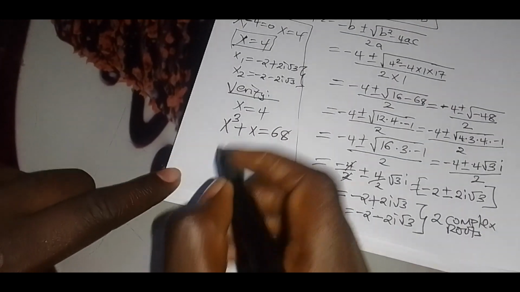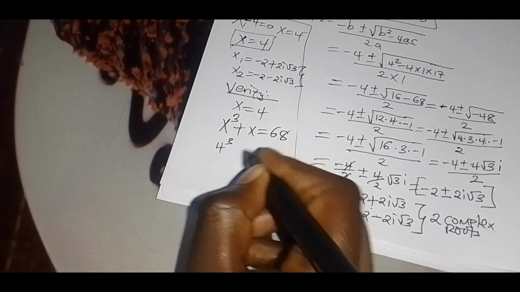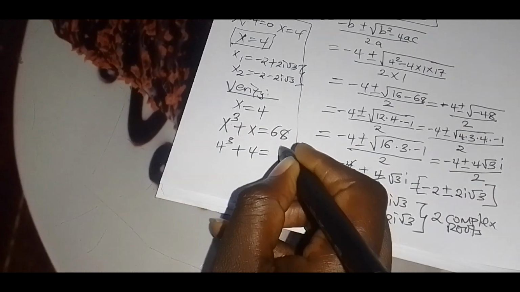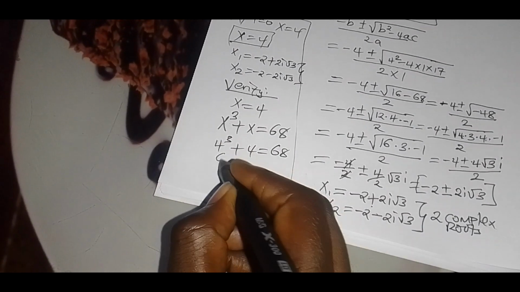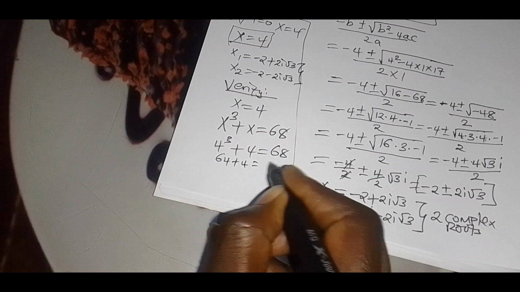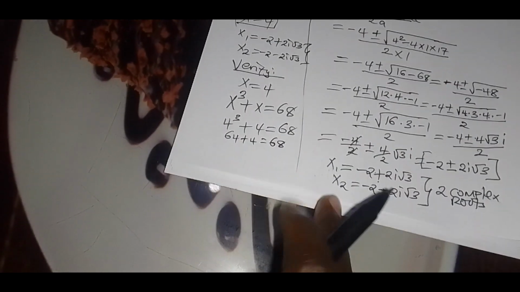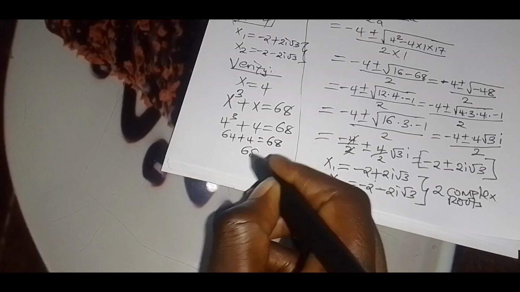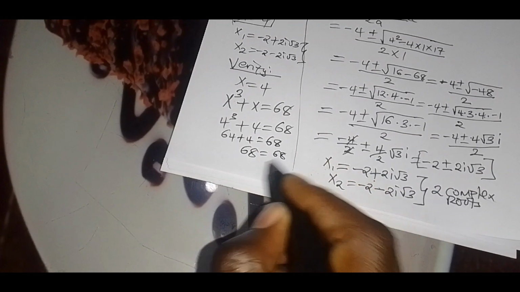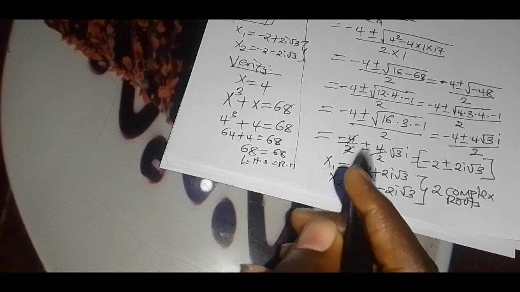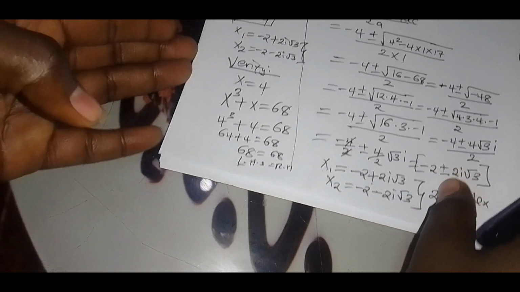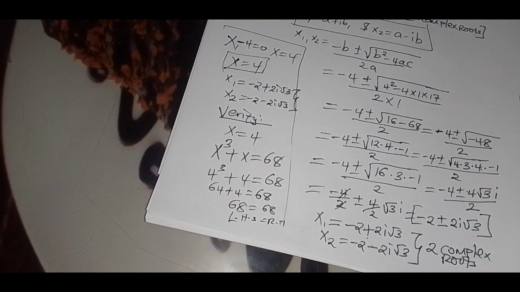So we're going to have 4 cubed plus 4. 4 cubed is equal to 64, plus 4 is equal to 68. So we have 68 is equal to 68. That means the left hand side is equal to the right hand side, and that essentially proves that x is equal to 4.